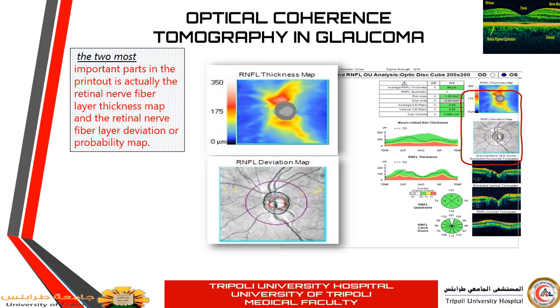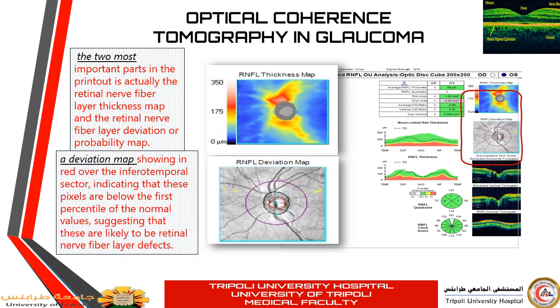Here, the first map, we say that this is the thickness map and the deviation map. These are the two most important maps in the OCT. That is the thickness map, the printout of the retinal nerve fibers, the raw data, and the deviation after applying the statistical tests to determine if there is any deviation from the normal.